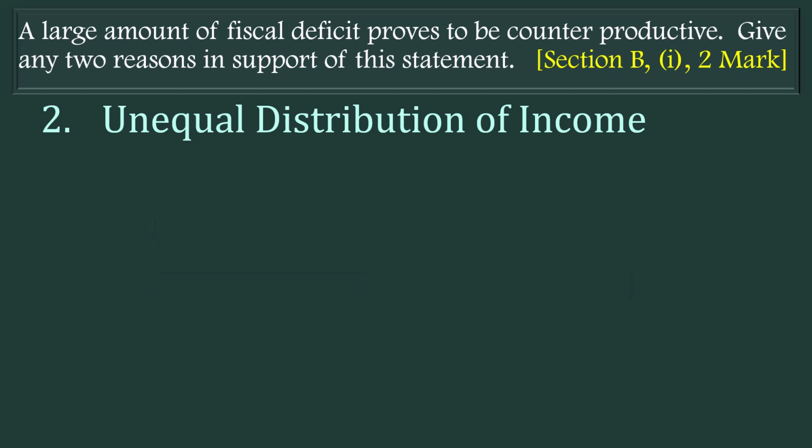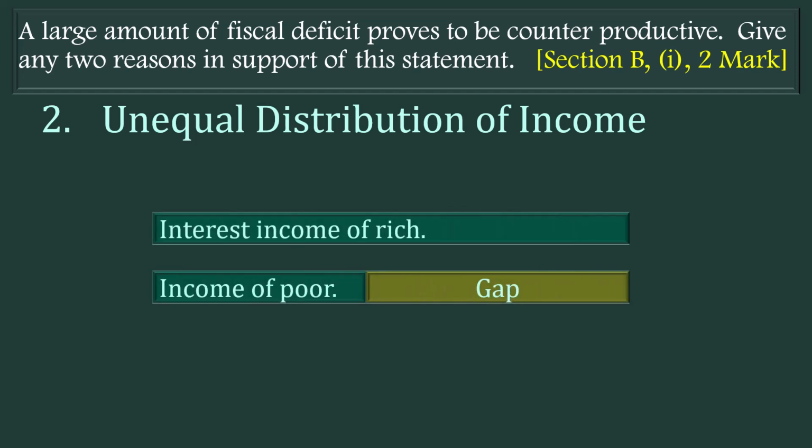The rich people who have already bought government bonds receive interest income. They grow rich. The common people do not get such interest income. This is how the disparity in income distribution between rich and poor emerges and grows in size.